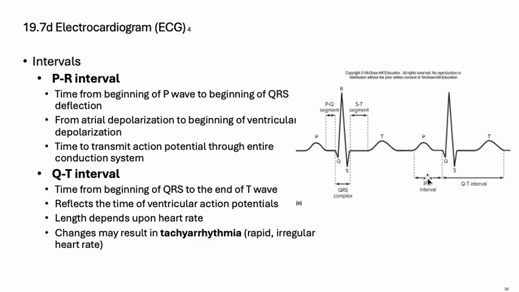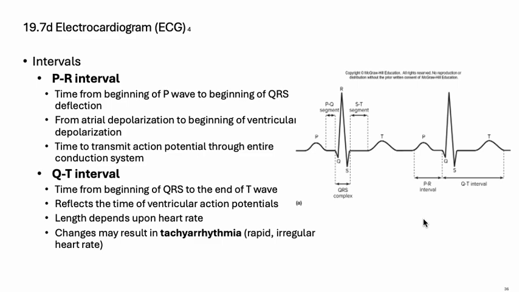So this is the time that it takes the action potentials to flow through the ventricles, causing them to contract. There's a sustained contraction, right, with part of the plateau phase, so this ST segment, and then you have the ventricles relaxing, right? So depending on how fast the heart rate is occurring, then these different segments and intervals may be shorter or in some cases may be longer, right?